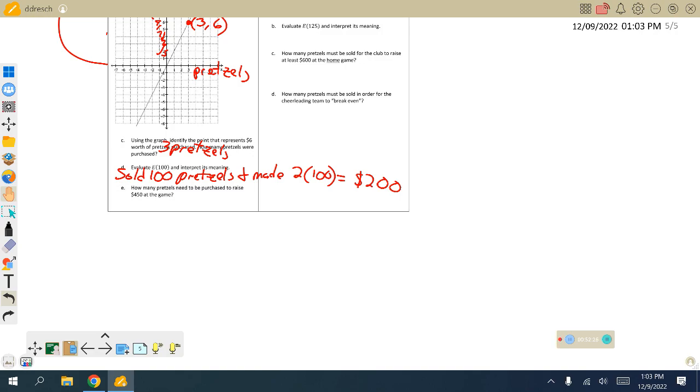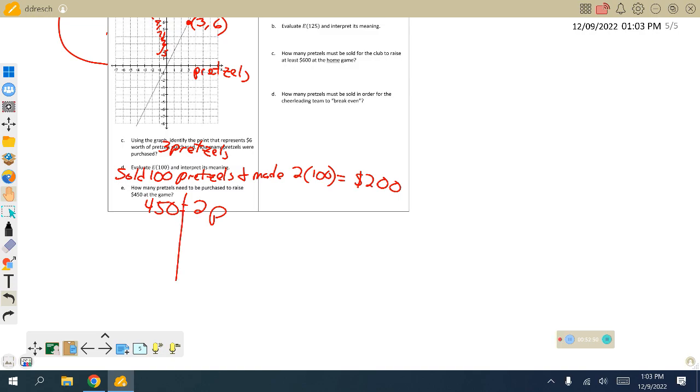One of the other questions that was on the top of the list. We need to make some money here. $450 is our goal. I'm not taking 2 times 450. That's going to be 900. That makes no sense. That right here is the number of pretzels, not dollars. So to make that 450, we have to divide by 2. We've just been doing all that.